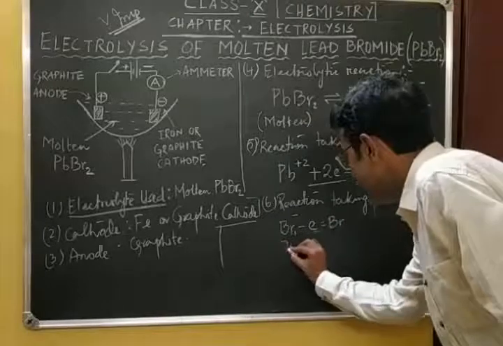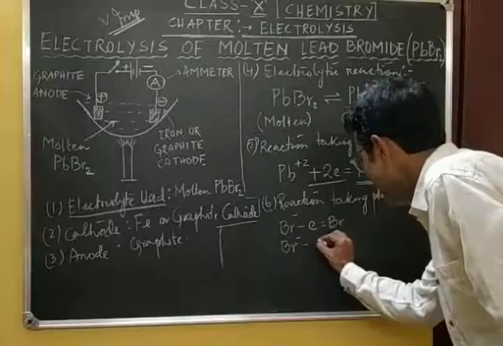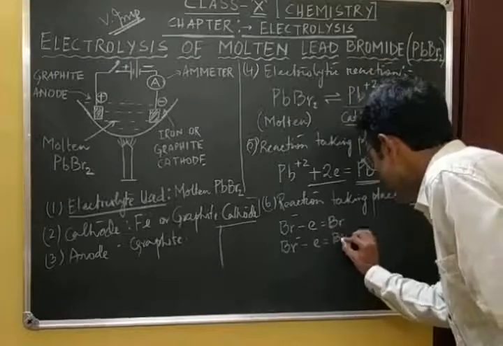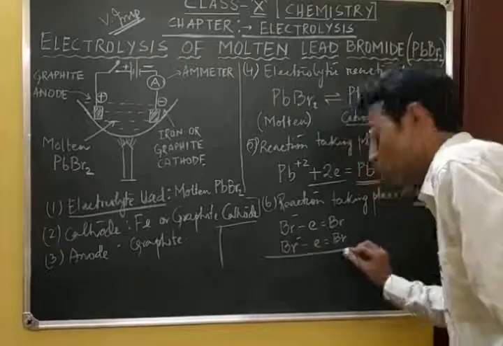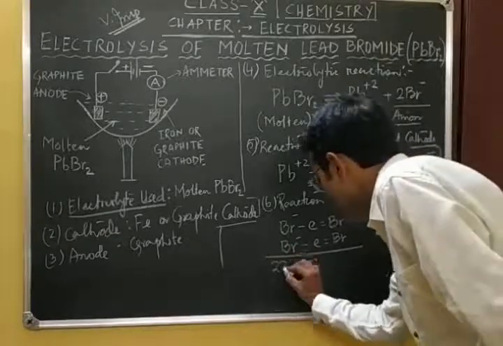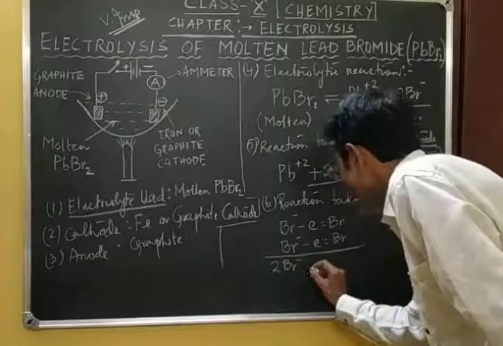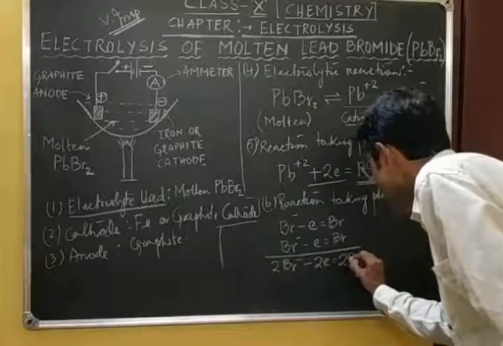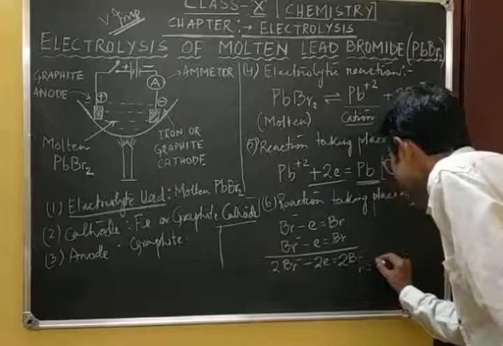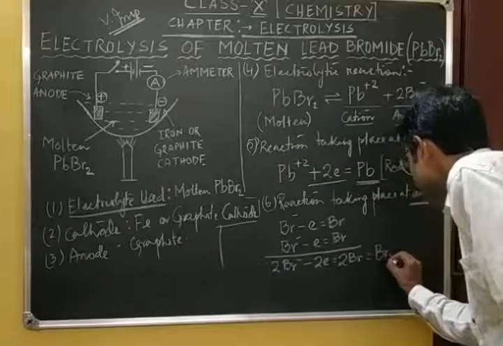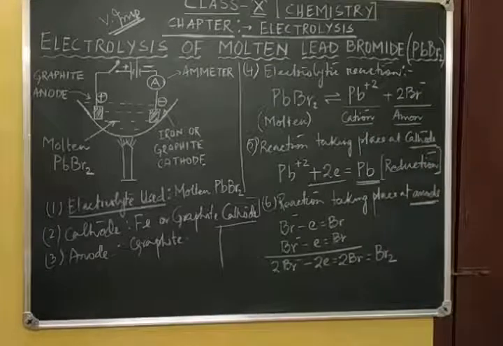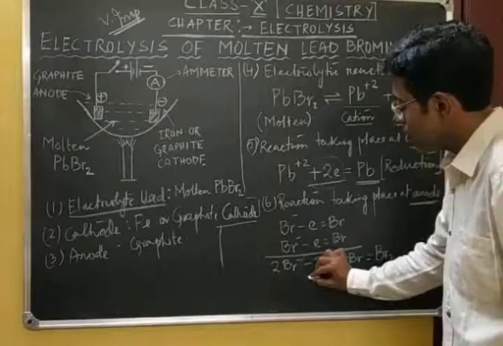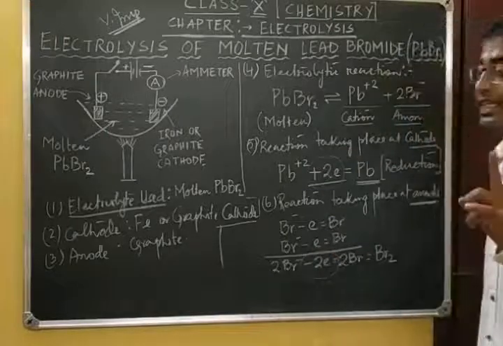Again I write Br minus, it loses two electrons and forms Br. Combining these, I can write 2Br minus, minus 2 electrons, becomes 2Br, which we write as Br2. The number of electrons gained and lost are the same, which means your answer is correct.